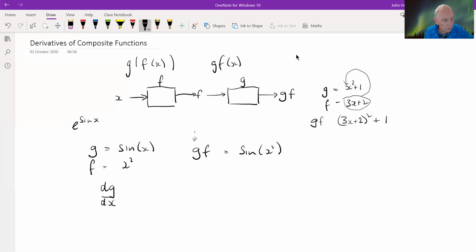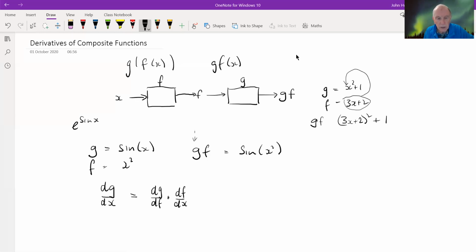Now this is where we can bring in the chain rule. I'm not proposing to prove this here, but this is something we can use. It's a bit like cancellation, the df's cancel out. So let's have a look at this.